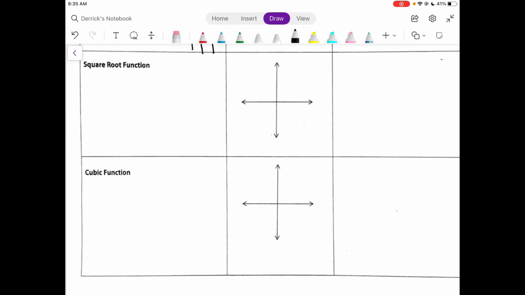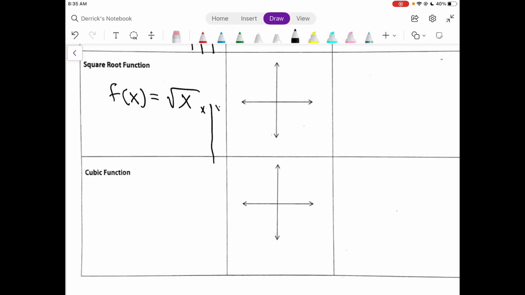Let's take a look at the square root function. So as the name would imply, a square root function would be where you square root the input, where you square root x. So the parent function literally is just f of x equals the square root of x. Now, if we want to graph this, just like the others, we'd want to be using an xy table.